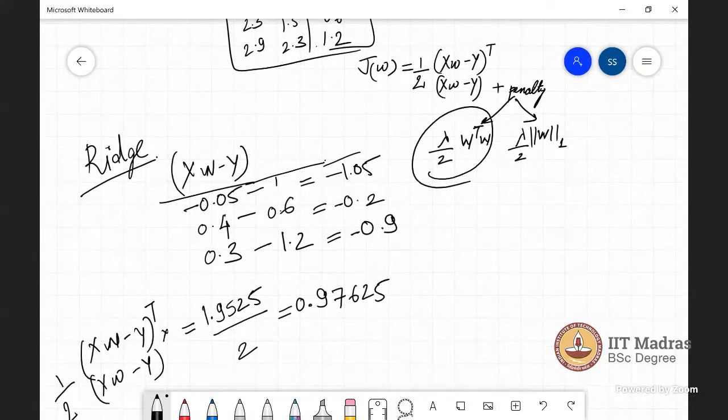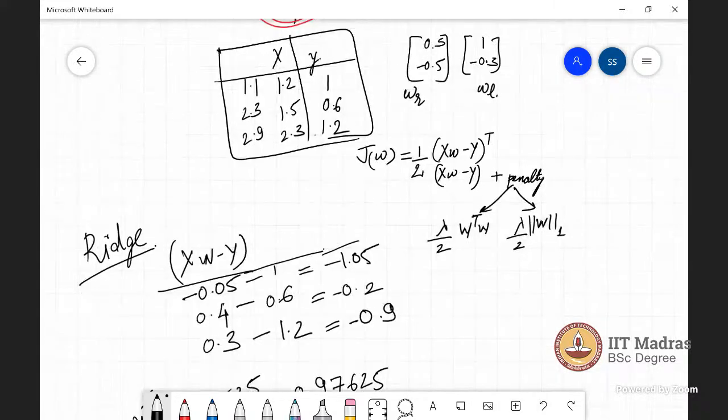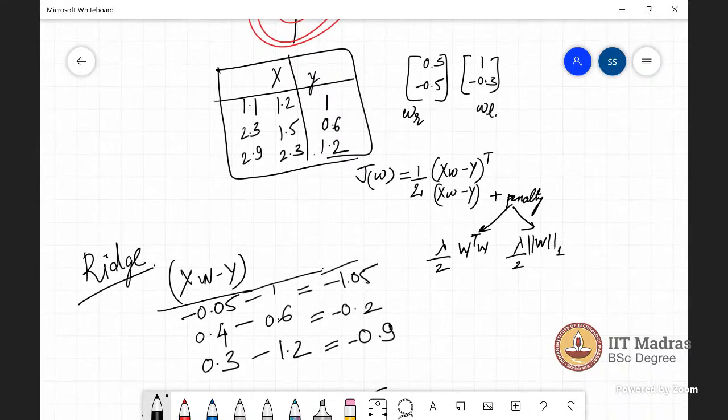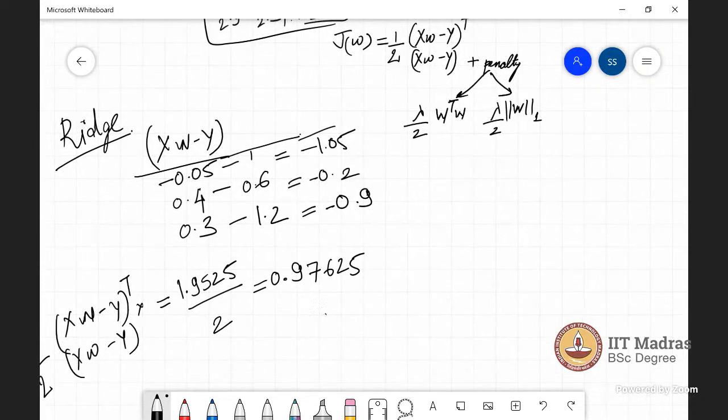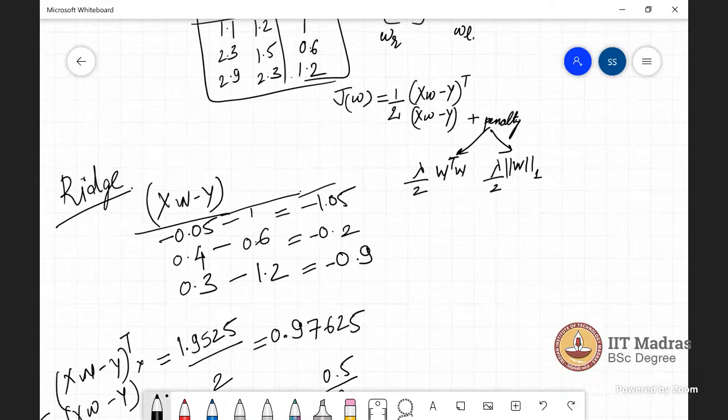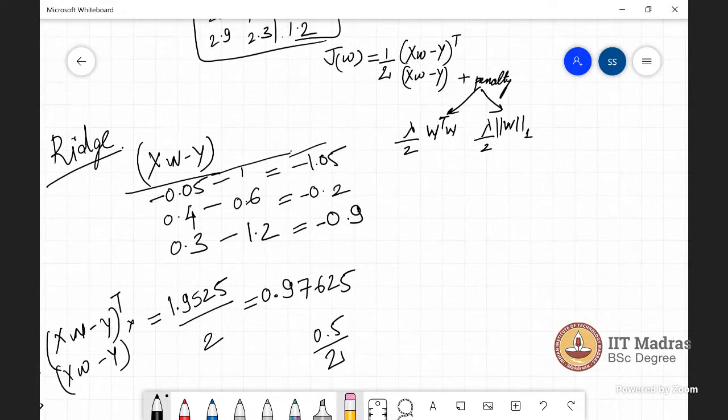The second half of the problem is this. We'll have to calculate the second norm of this weight vector. So this will turn out to be, I think, 0.5 divided by 2, into lambda. At any point of time, if you think that I'm making a mistake or going fast, just let me know.